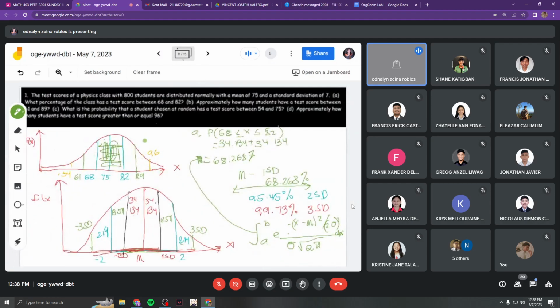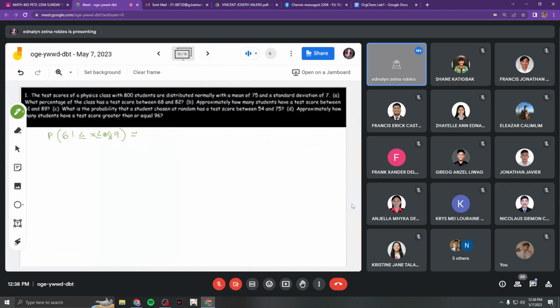If you can see on this graph, 61 and 89 is our second step standard deviation. And the probability that the second step standard deviation will happen is 95.45%.